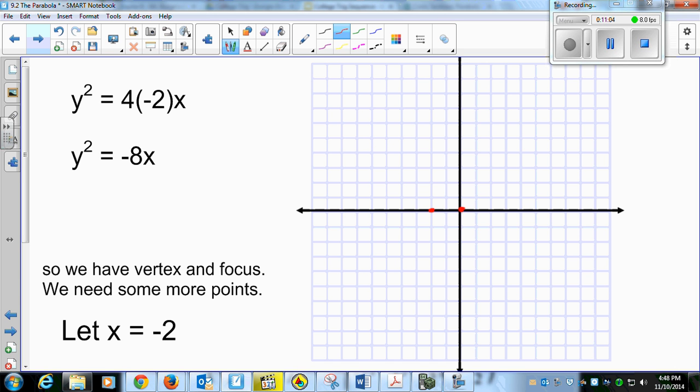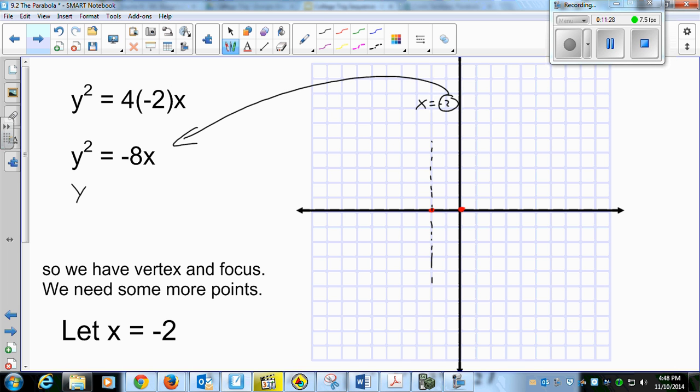We need some more points. So the more points that we're going to do is we're going to want to find the points that are lined up with our focus. So what's nice here is we can go ahead and plug in our -2 for our x. So here we know x is equal to -2. So we take that -2 and plug it in to x here.